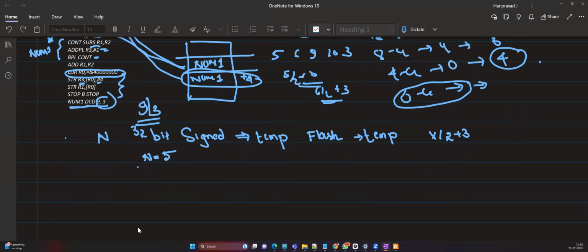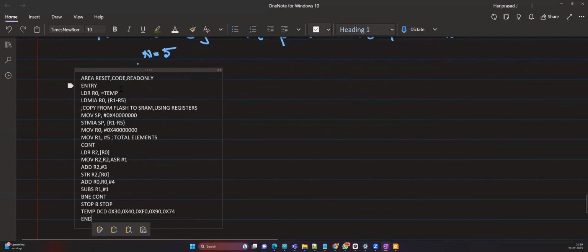First we will write area reset code, then entry. Let me straightforward paste that code, then we will discuss that. Here, I'm loading the address of temp where I have stored 5 numbers.